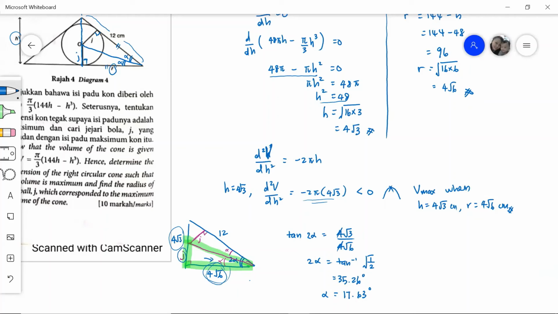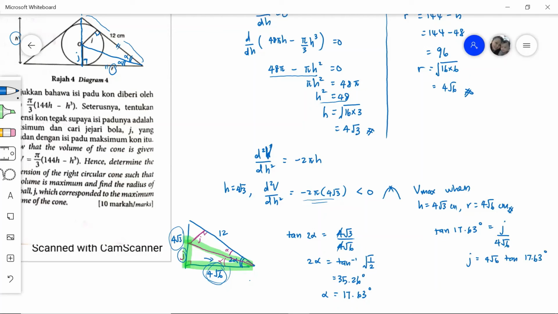Opposite and adjacent, so tangent as well. Tangent alpha, which is 17.63 degrees, equals j over 4 root 6. So j will equal 4 root 6 times tangent 17.63 degrees.